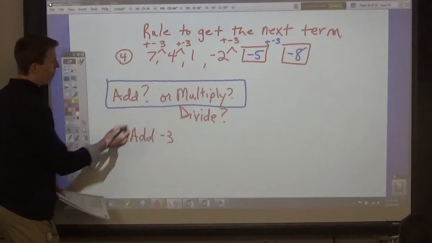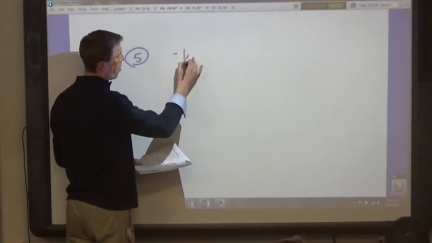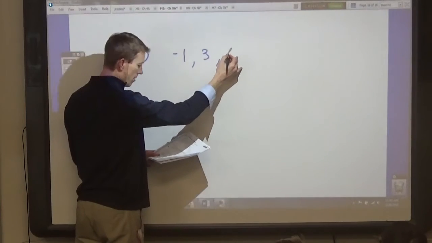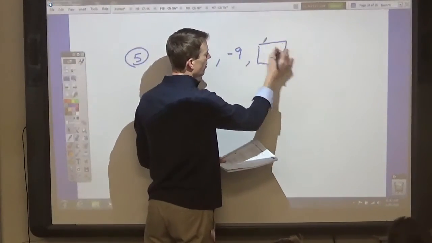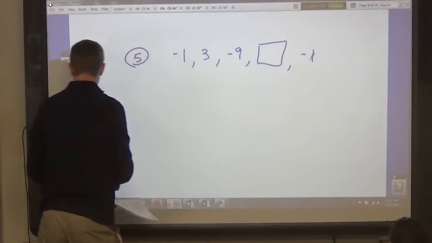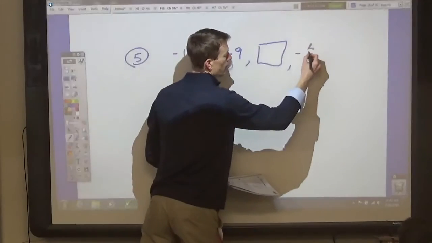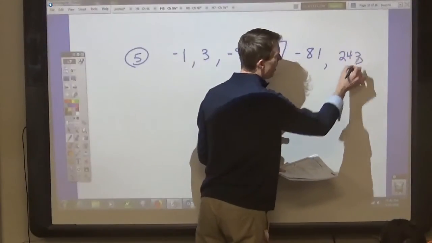Look at number 5. This pattern: -1, 3, -9, and then a number, and then -81, and then 243.